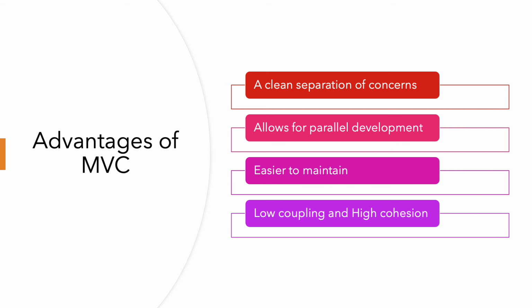Because the MVC pattern is so well organized, MVC applications tend to be easier to maintain. Lastly, the MVC pattern encourages low coupling and high cohesion. Low coupling means that the code in different areas is independent of the code in other areas. High cohesion means that related code can be placed together.